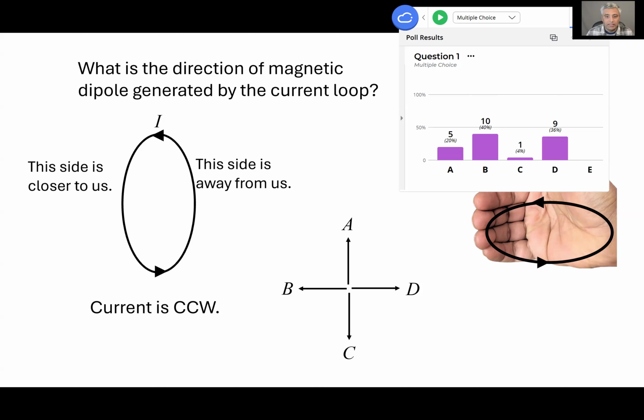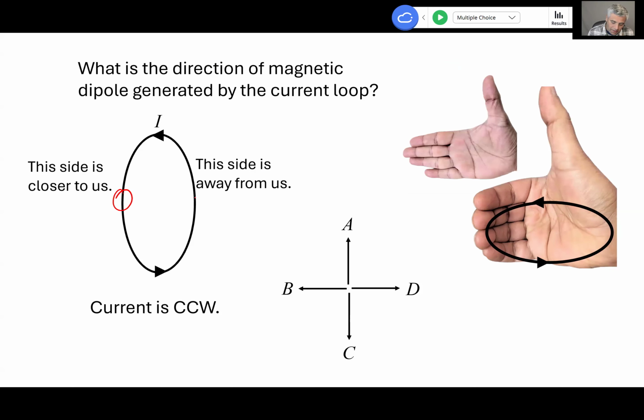Looks like, depending on which way you look from, this kind of drawing could be a little bit confusing. Okay, so here, this is the closer side, that's what I'm writing. And this is away from us.